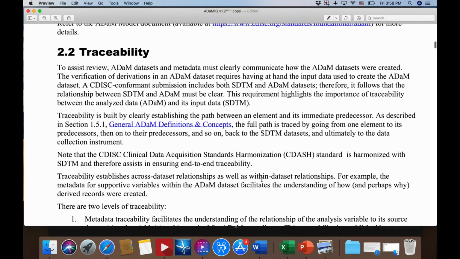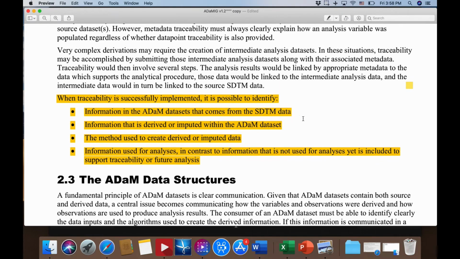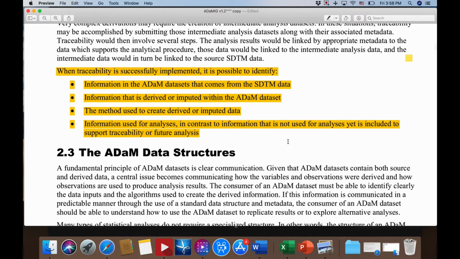Here they talk more about traceability. You can check this section for more details. When traceability is successfully implemented, it is possible to identify these items. These are the rules to make sure this information is ready.